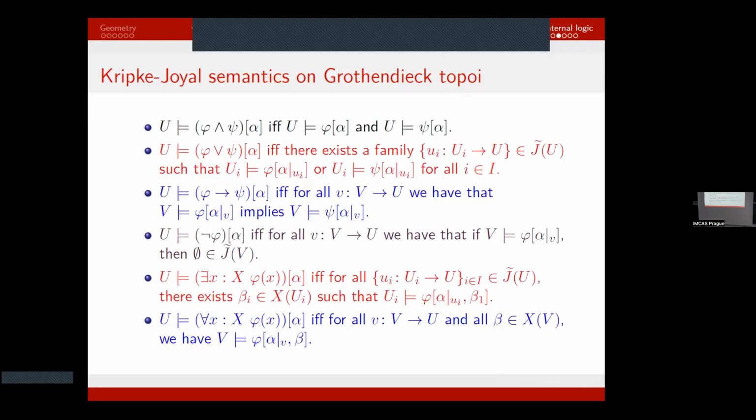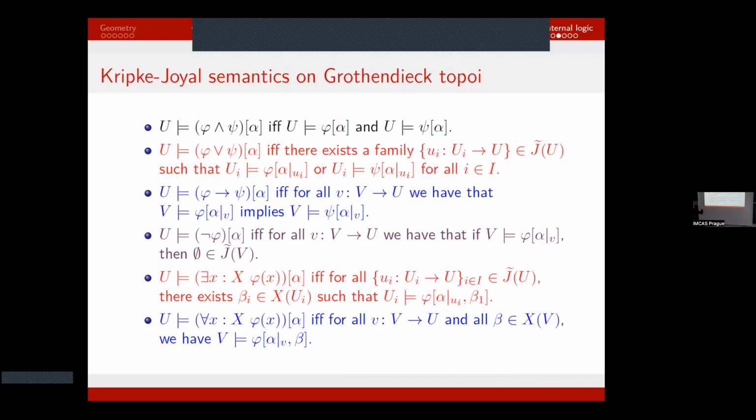We can group them in families. The red ones work in this way. So something is true if there exists a coverage in the extended sense. So it could be also something generated by the elementary one. If there exists a coverage such that when I restrict my alpha through each element, each U_i forces phi of alpha restricted there, or the other.